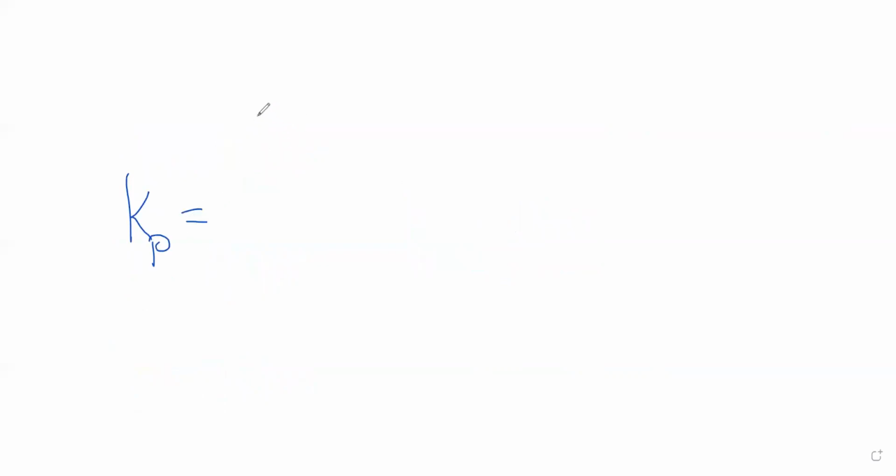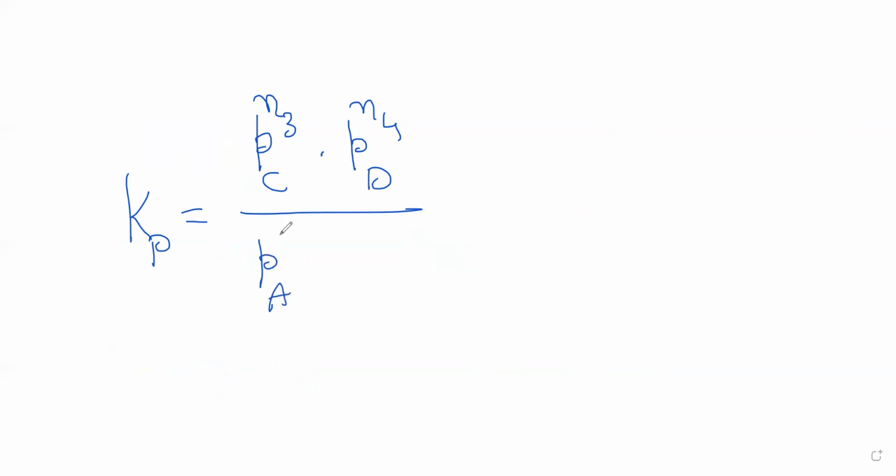Right. So let us write Kp. Kp is equal to partial pressure of C power N3, partial pressure of D power N4 divided by partial pressure of A power N1 into partial pressure of B power N2. Right. This is how we started. What is PC?